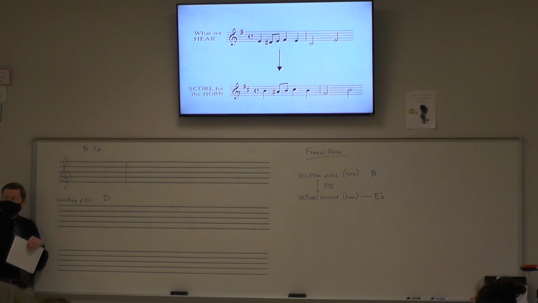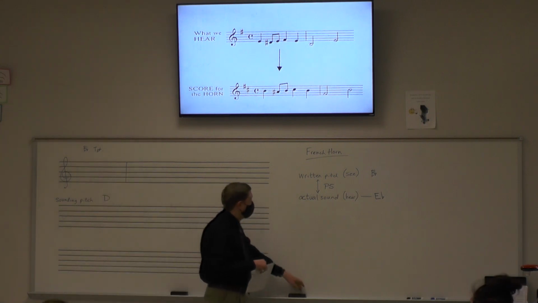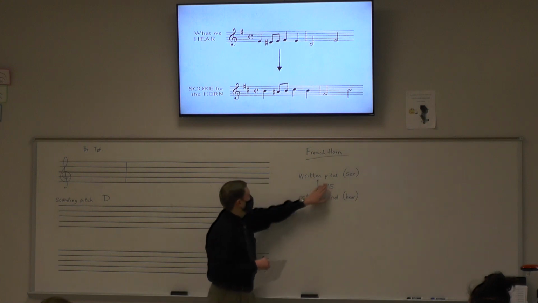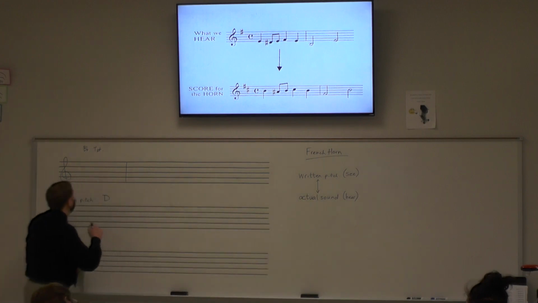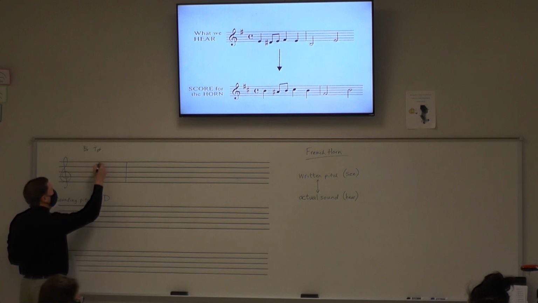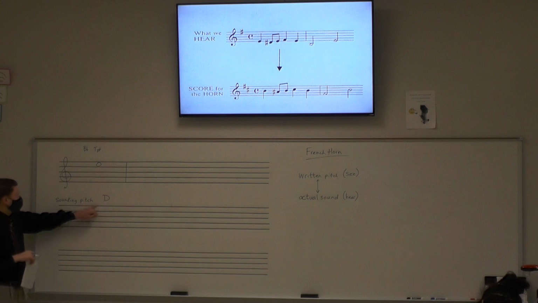It's a major second is the interval, and in this case, the B flat trumpet's actual sound is lower than the written pitch. So if we want a D to come out of the horn right here, and the distance is a major second, that means if this is D, this has to be E. And it doesn't matter which E you put, as long as it's within the trumpet's range. You can write this E or this E, it doesn't matter. But that would be the notated pitch to get this actual sound.